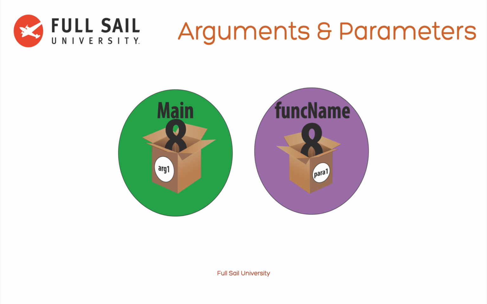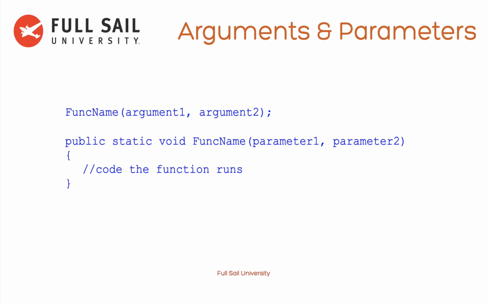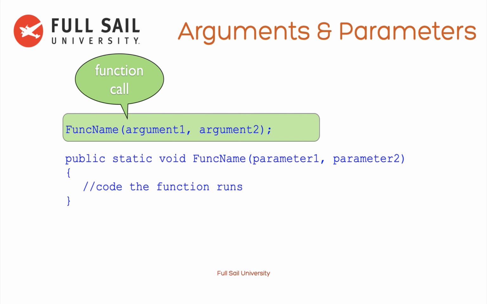So let's look at that in code form. In code form, you can actually see that when we have our function call, which is the top one right there, we put our arguments inside of the parentheses, and they're separated by commas, and that's extremely important.